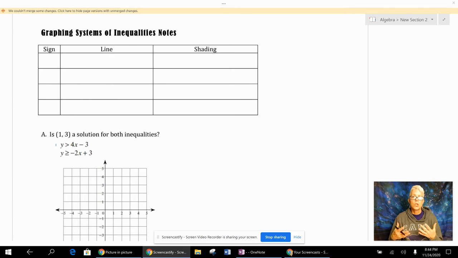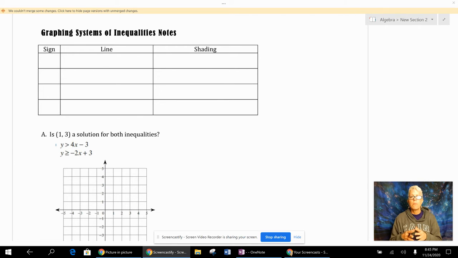So I'm going to show you how Desmos works and how it shades, but you need to know how to do this on your own, because I would hate for you to be taking a test, pull up Desmos, thinking it's going to do everything for you, and it really doesn't. It'll be turned off and you'll have to process that part on your own.